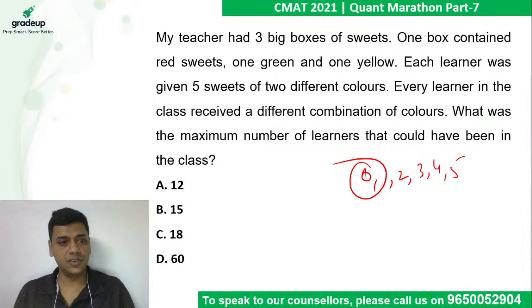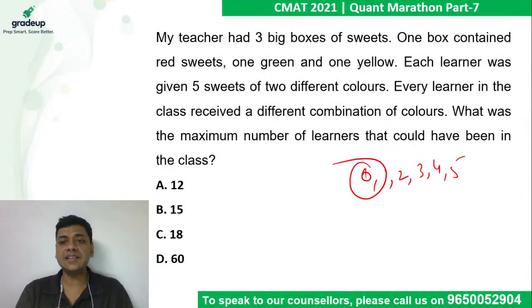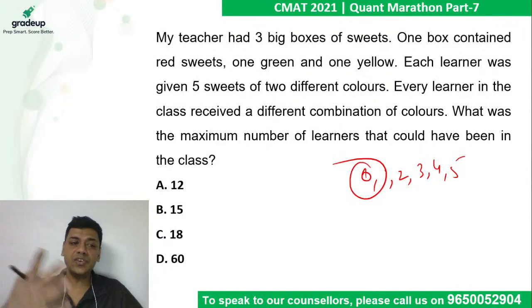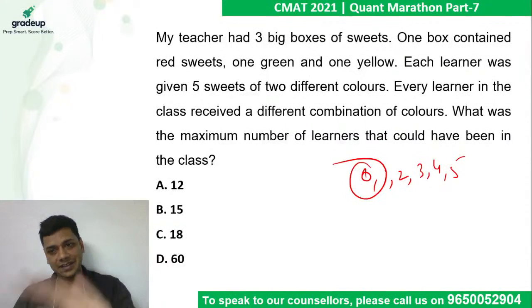Ashish is not getting any, so 0 is a possibility. With respect to those 5 eclairs, I have got 6 options for you. I can decide not to give. Even not giving is an option. I never said that I need to give at least one.